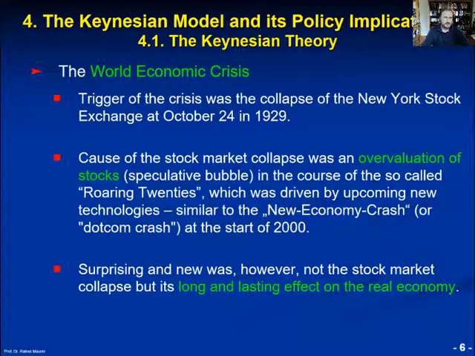The cause of the stock market collapse was an overvaluation of stocks, what we call today a speculative bubble, in the course of the so-called Roaring Twenties, which was driven by upcoming new technologies, similar to the new economy crash or dot-com crash at the start of the year 2000. Surprising and new was, however, not the stock market collapse, but its long and lasting effect on the real economy.